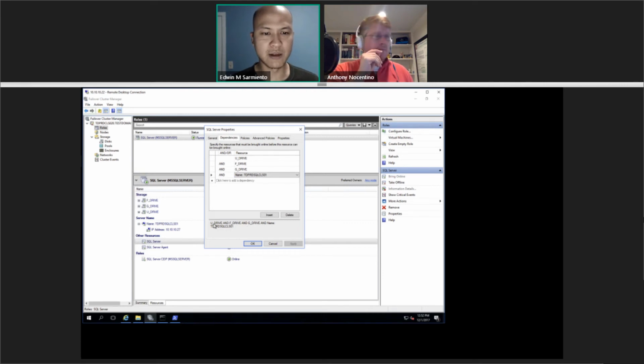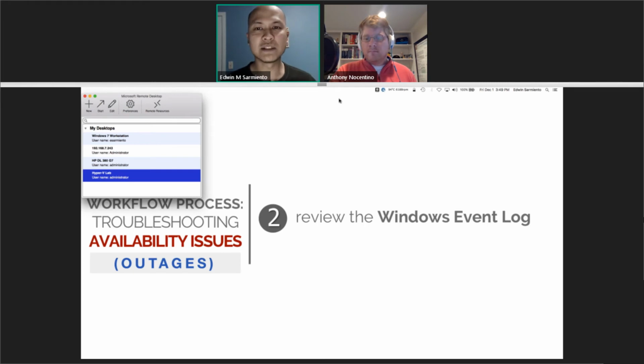That's why you see this AND logic dependency here. I don't define dependencies on a drive letter because I can have shared drives mounted as mount points, so technically I don't have drive letters for those. But the SQL Server installation process assigns dependencies on the shared drives, not the drive letters.